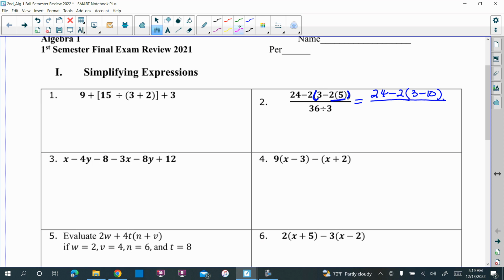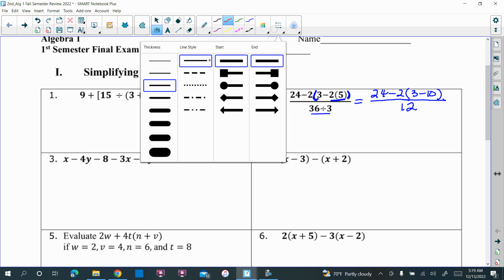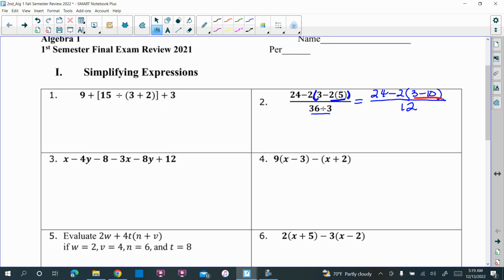And then we're going to simplify the bottom. 36 divided by 3 will give us 12. And then from here, we need to simplify that parentheses. So I'm just going to rewrite it over here. We'll have 24 minus 2 parentheses negative 7 on top, and then keep the 12 on the bottom.